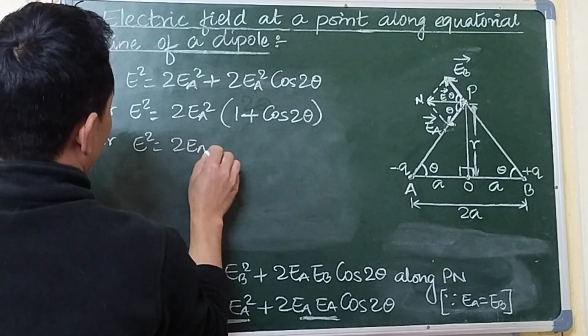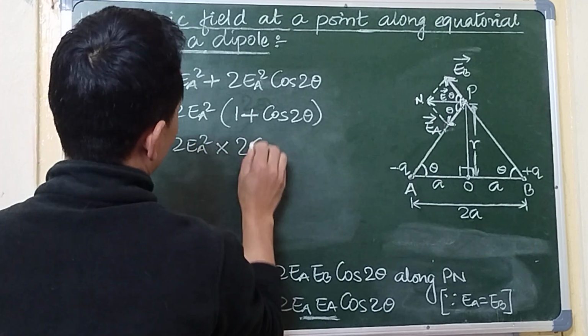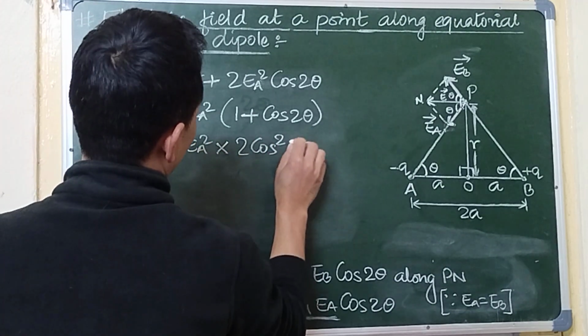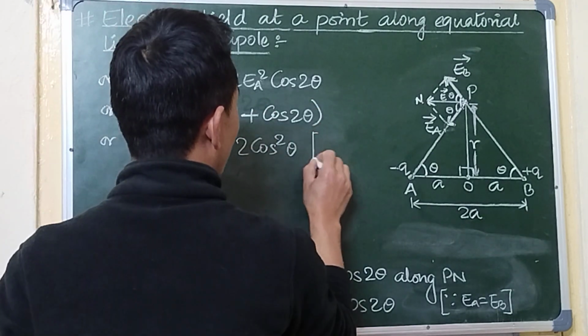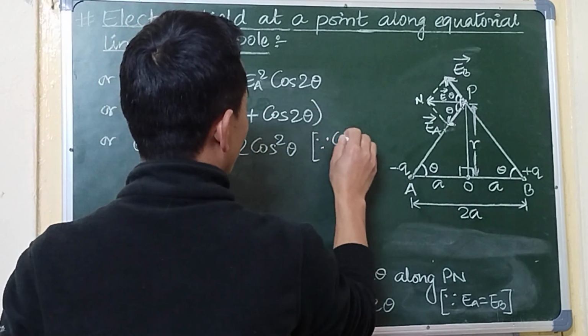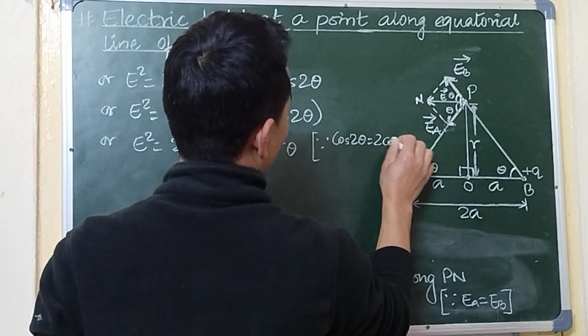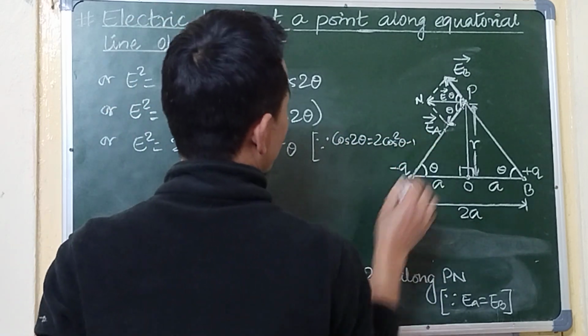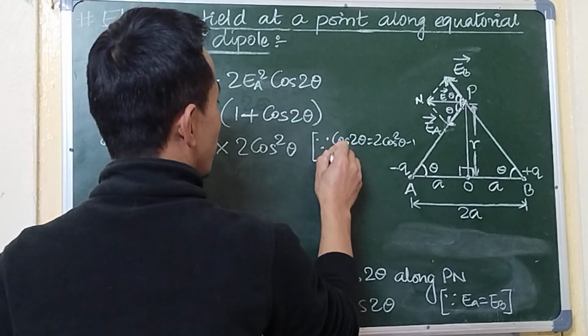Those who have maths, they know the formula. Those who don't have maths, you have to learn this formula. So here we can write this as 2 cos square theta. Now how did we get this? So we have the formula for cos of 2 theta, which is 2 cos square theta minus 1. So if you bring 1 to the left hand side, it becomes plus 1.